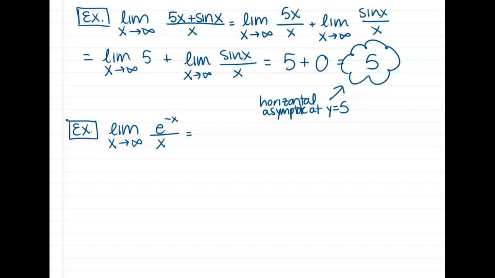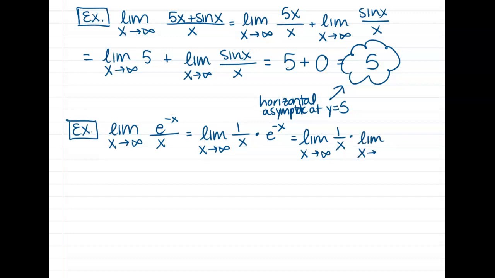So this is the same as the limit as x approaches infinity of 1 over x times e to the negative x, which is the same as the limit as x approaches infinity of 1 over x times the limit as x approaches infinity of 1 over e to the x, because e to a negative power is just 1 over e to the positive power.